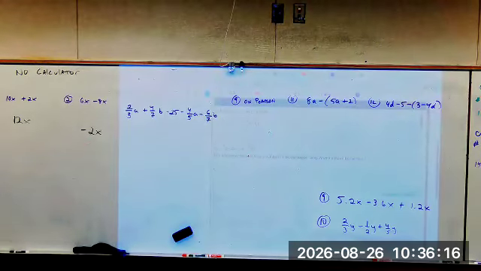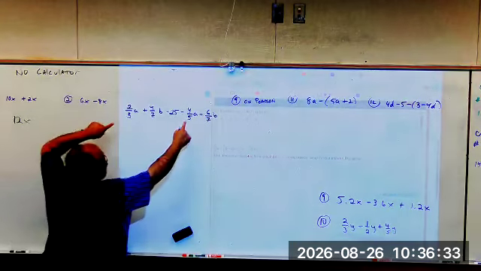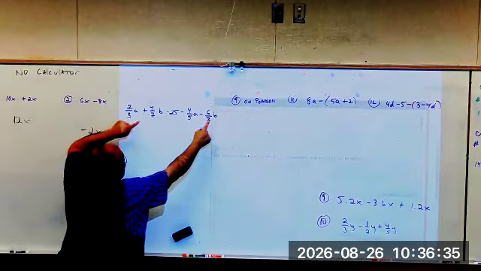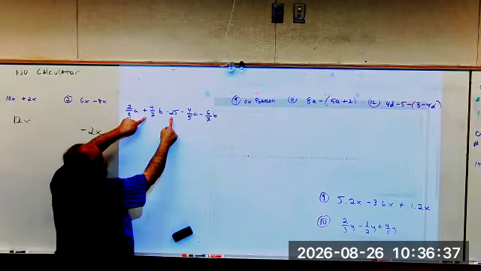Collect like terms, combine like terms. Like terms are terms that are exactly like each other, terms that have exactly the same variable. So the variables have to be exactly the same. I can only combine the A terms with the A terms, the B terms with the B terms. That's a constant.